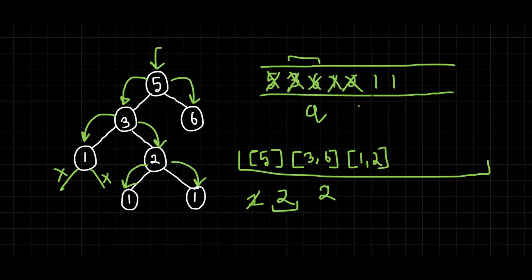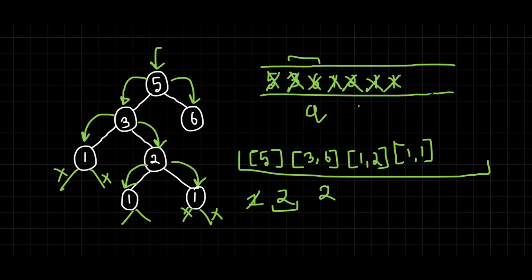Now, for the final level, the top element of the queue is 1. So we insert the element 1 here. Again, we remove the 1, and it does not have any left or right children. Then we insert the next 1 into the vector, and as it does not have any left or right children, we simply remove it.